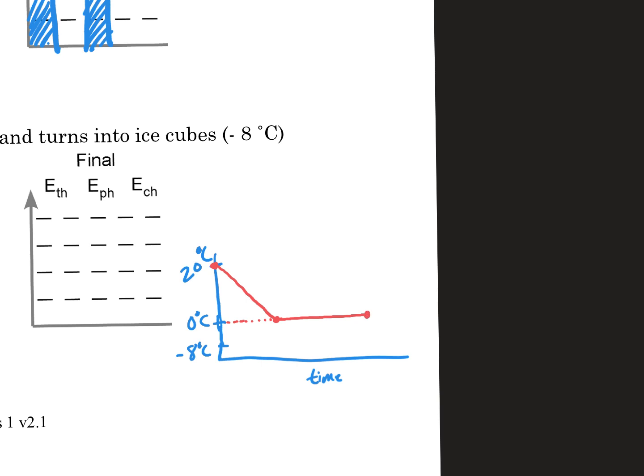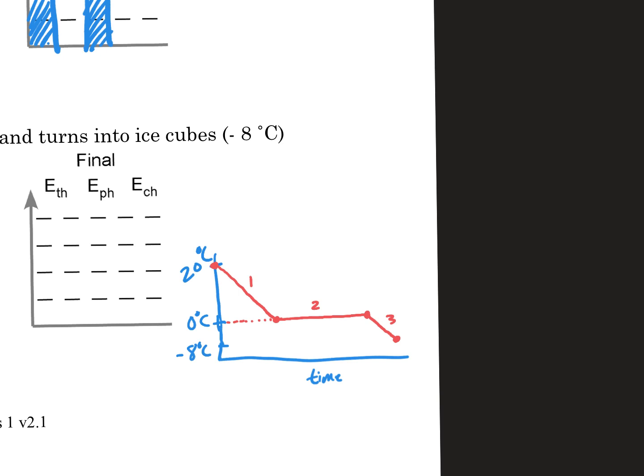During this time, we're going from all liquid at 0 degrees Celsius to all solid at 0 degrees Celsius, okay? And then in the last part of this graph, we're going to take that ice, now that it's at 0 degrees Celsius, and we're going to cool it down to minus 8 degrees Celsius. There are 1, 2, 3 parts to this process, all right?